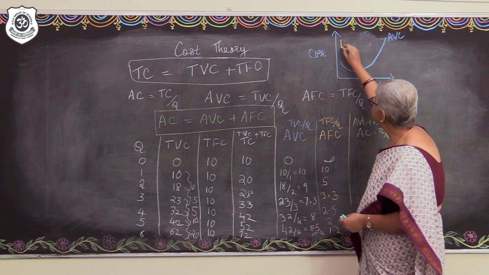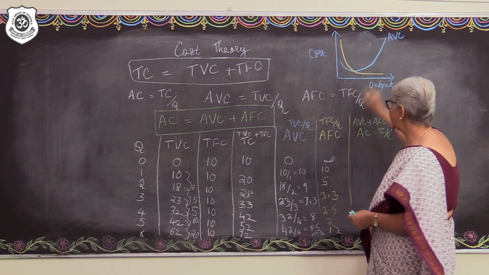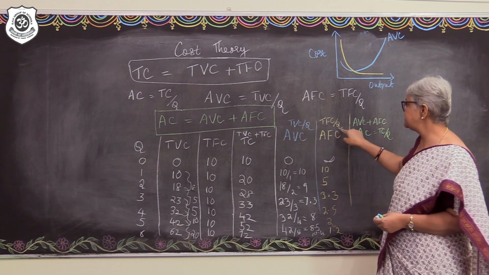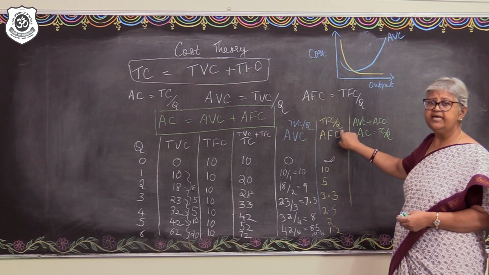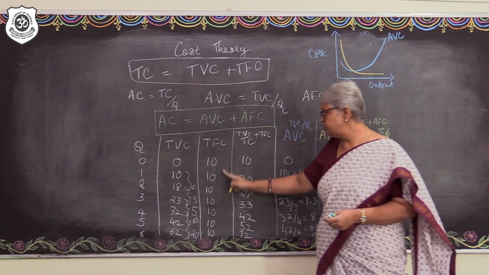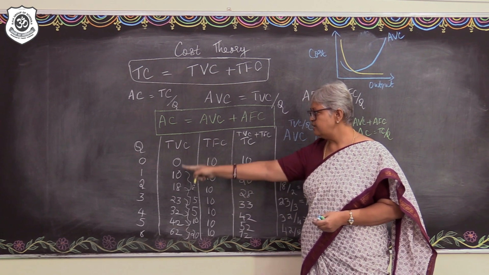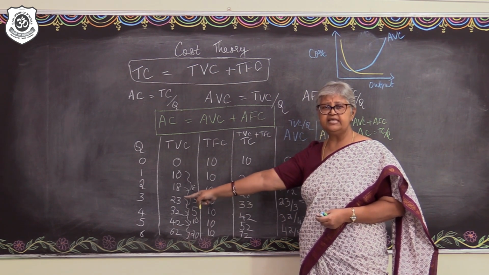Continuously the average fixed cost will fall because the numerator is going to remain fixed and the denominator is going to increase. 10, that is what you see at all the levels of output, and output alone keeps increasing.